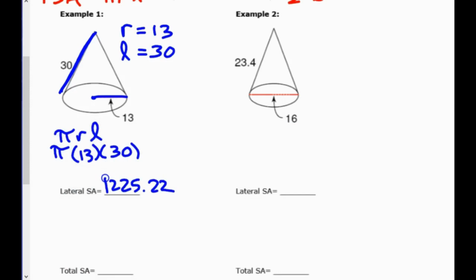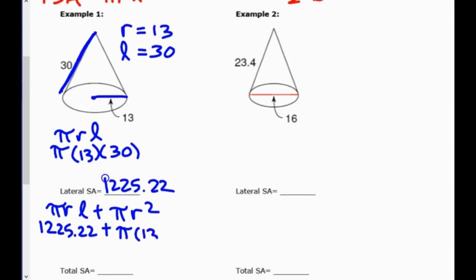And then for total surface area, pi r L plus pi r squared. Now, don't we already know what pi r L is? We just did that. 1225.22. And we're going to add pi r, which is 13 squared. Now you don't have to use parentheses when you multiply it. You can just type it in.